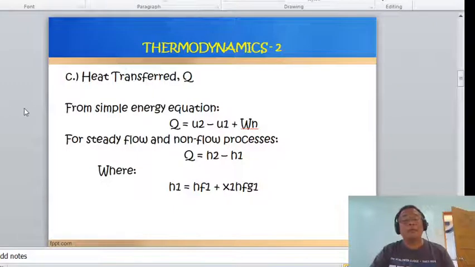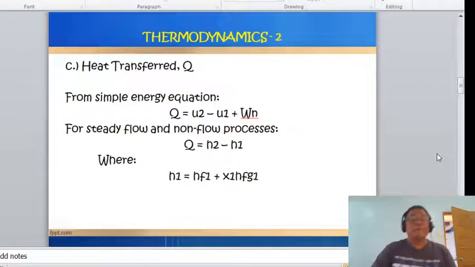So for steady flow, Q, or the heat transferred, is equal to the change only of the enthalpies. Where, of course, the enthalpy at 1 is equal to hf1, or the enthalpy of the liquid at condition 1, plus the quality of the steam at condition 1 multiplied by the enthalpy of the mixture, or h1 equals hf1 plus x1 hfg1.